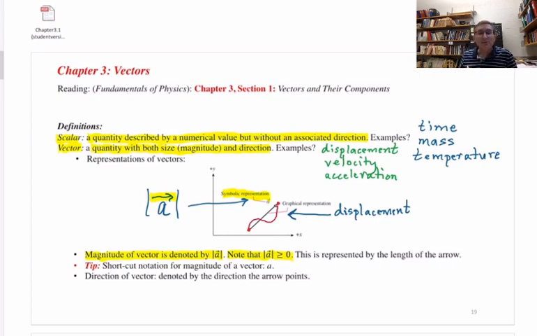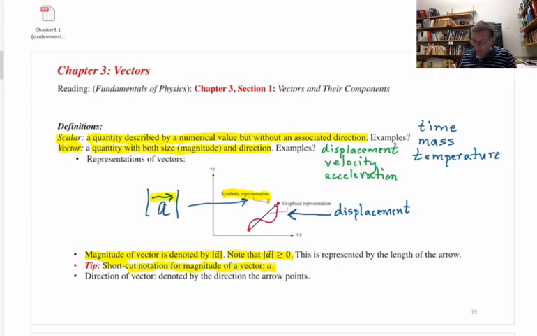Here's a little tip to get used to. I like to represent the magnitude of a vector as the vector symbol with absolute value signs on it, but most books don't do that. It's too much work. So you're going to need to be aware of the shortcut notation for the magnitude of a vector. It's just the italic symbol with no other adornment. No arrow on top, no absolute values.